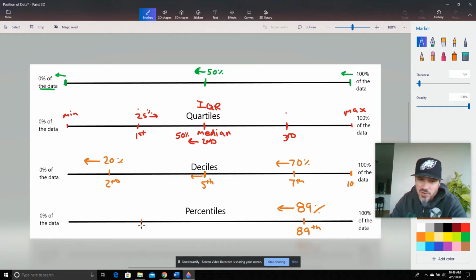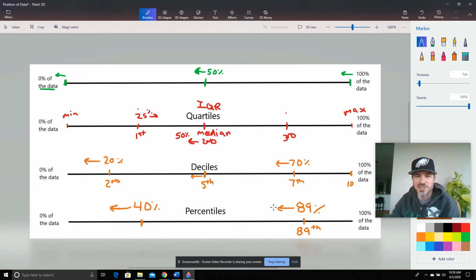So if you're in maybe the 40th percentile, then 40% of the data is worse than you, 60% of the data is better than you. We use this for position: where does a specific stat, like a test score, lie in relation to all of the data?